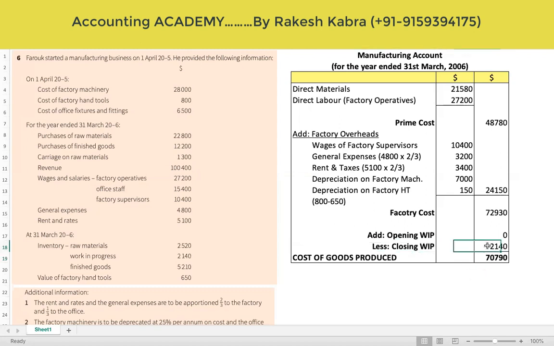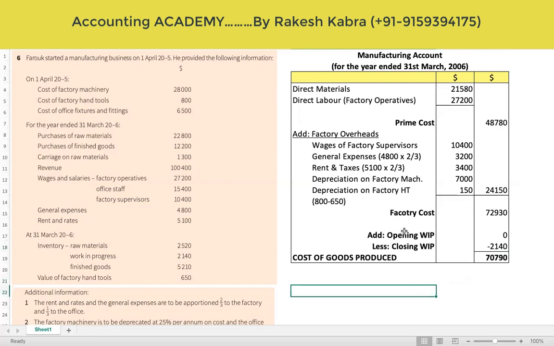Now, whatever closing work in progress I subtracted, this closing work in progress will be converted into finished goods in which year? The next year. Next year I will add that, right? Next year I will take that figure, and some more expenditure I will do, and after that that product will be converted into finished goods. So whatever I am subtracting this year, next year it will be added.